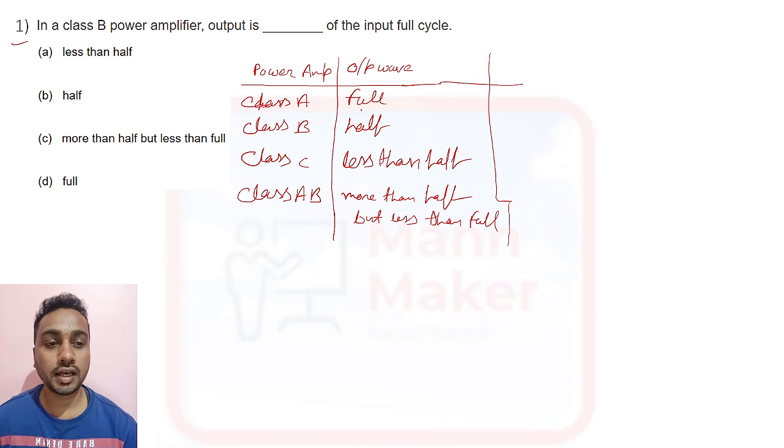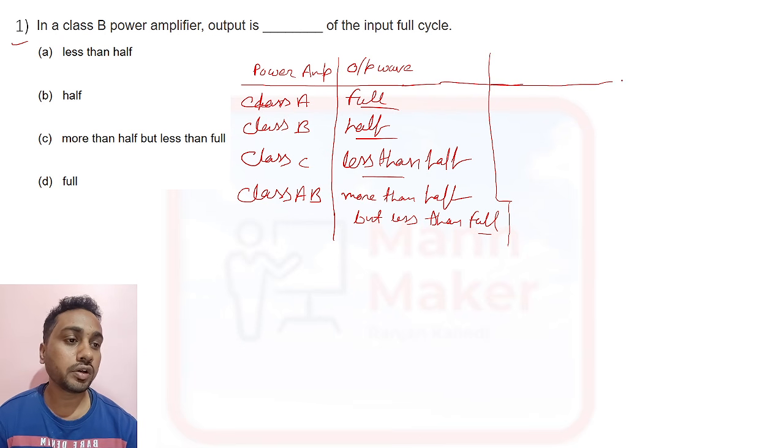In class A, the full waveform will come in output for an input cycle, and in class B, half waveform will come. In class C, less than half waveform will come, and in class AB, more than half but less than full waveform will come. So according to this we can say about the conduction angle of the amplifier.